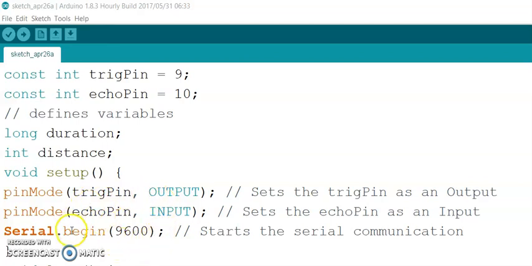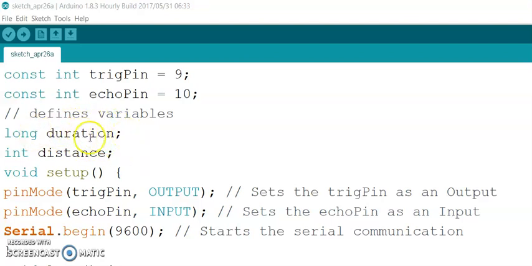Because I want to monitor the output using the serial monitor, serial communication needs to be started. As discussed in an earlier session, Serial.begin starts the serial communication with a baud rate of 9600. Then we have defined a variable of type long, named duration, which is used for storing the total time of travel of the ultrasound.